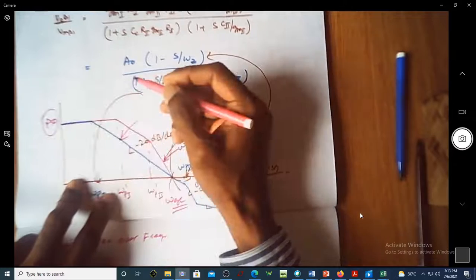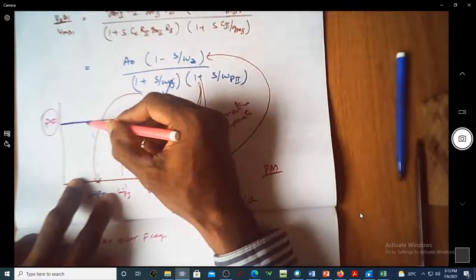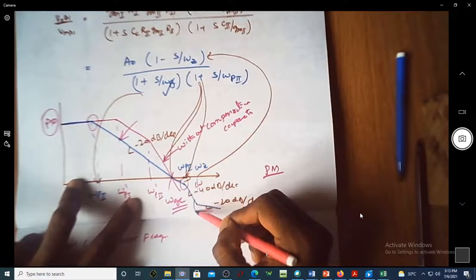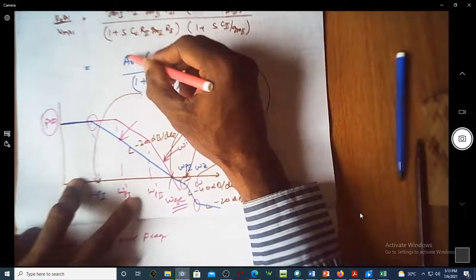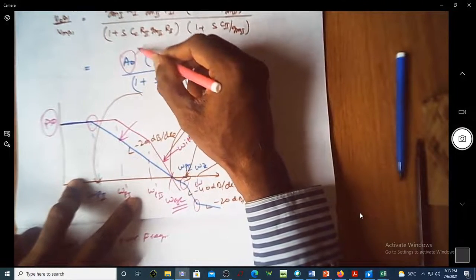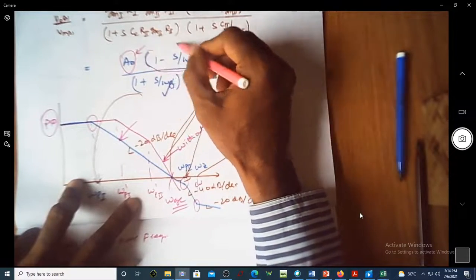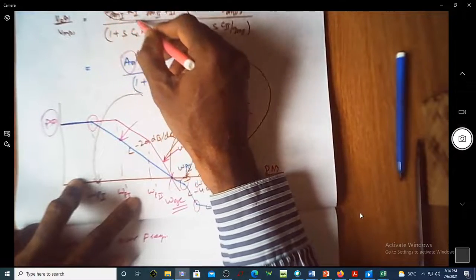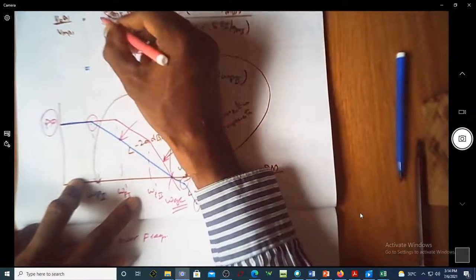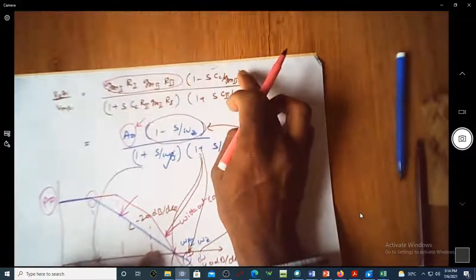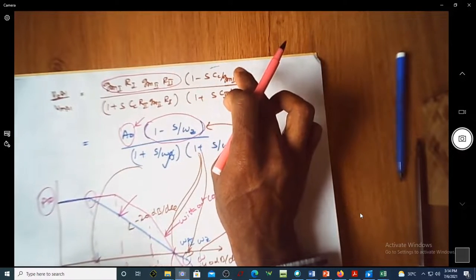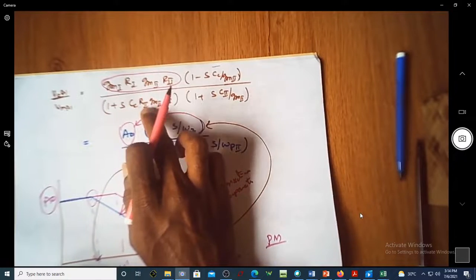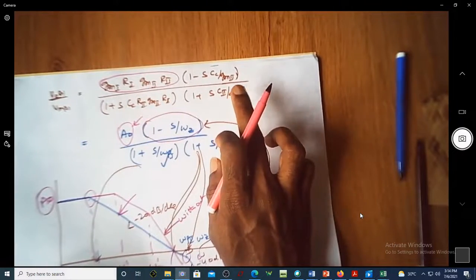One is the A0 term, and we have a pole term here, a second pole term, and a third, zero term. This term corresponds to the DC gain, this to the location of the 0, this to the location of omega P1, and this to the location of omega P2.